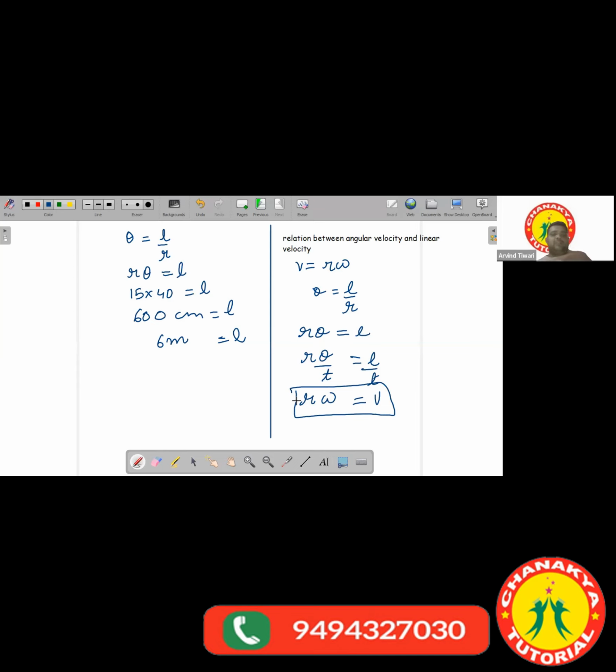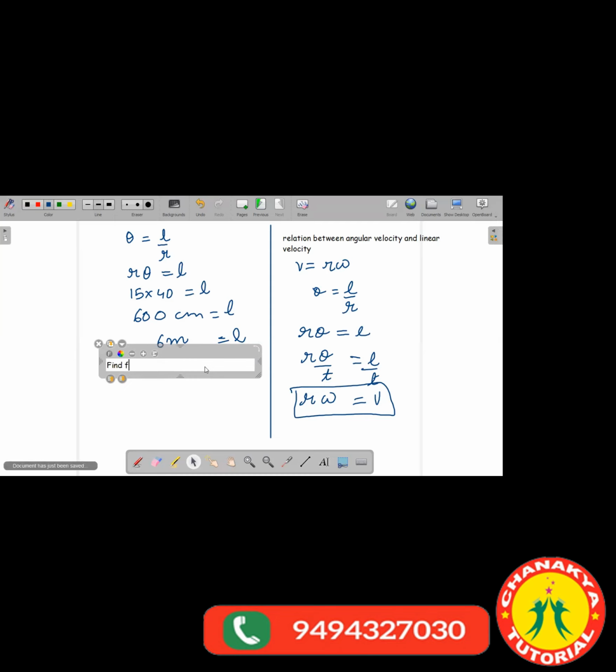Now, in the previous question, can you find out the final linear velocity? Yes.